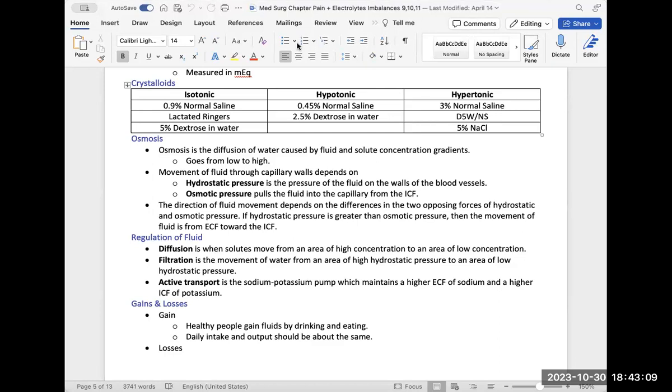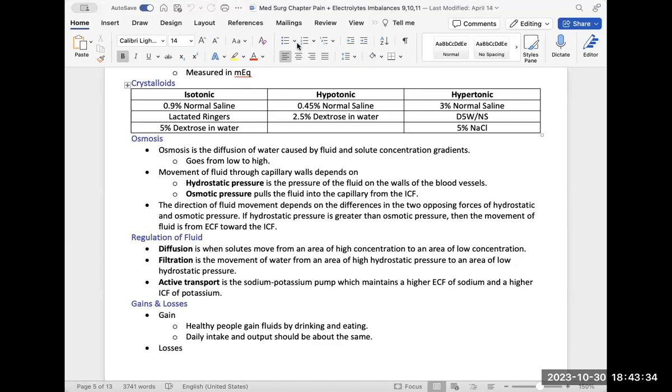So 3% normal saline, dextrose 5% water in normal saline, and 5% normal saline or NaCl. So you could usually think about these solutions by looking at them from the isotonic solutions. So hypo is going to be lower than those values, and hyper is going to be higher.